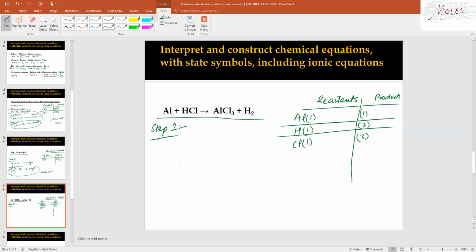If I will place 2 before HCl, then hydrogen will be balanced only. And if I will write 3 before HCl, then chlorine will be balanced only. Let me do this. Step 2, Al plus 3 HCl.